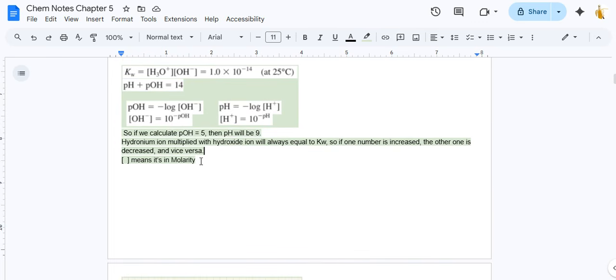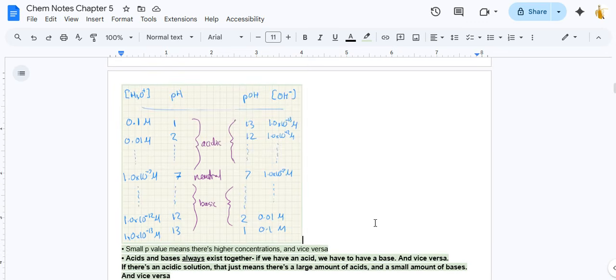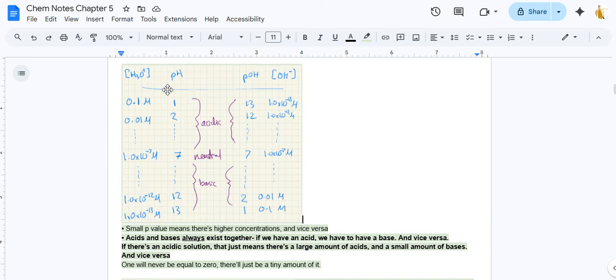And also we learned this from last chapter. The brackets just mean it's a molarity. So what you should put in the brackets should be in the units M, capital M. This here, you probably already know that acids are from 1 to 6. Bases are from 8 to 14.